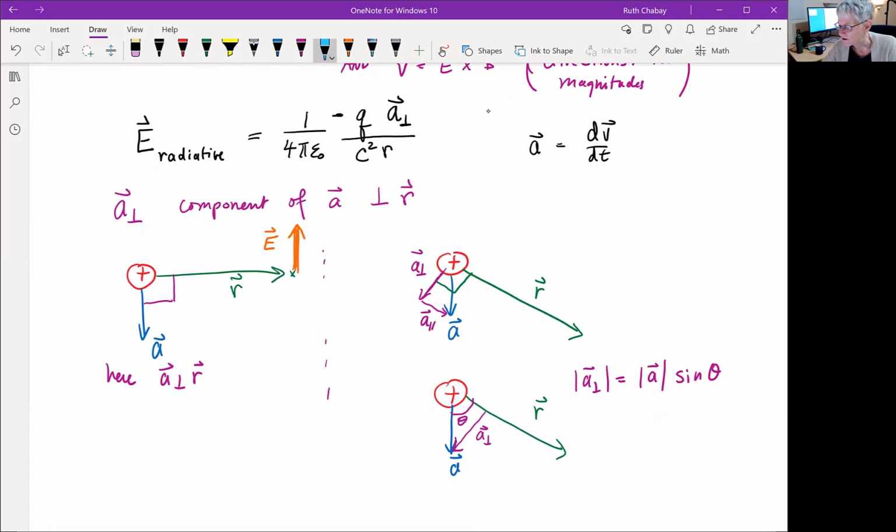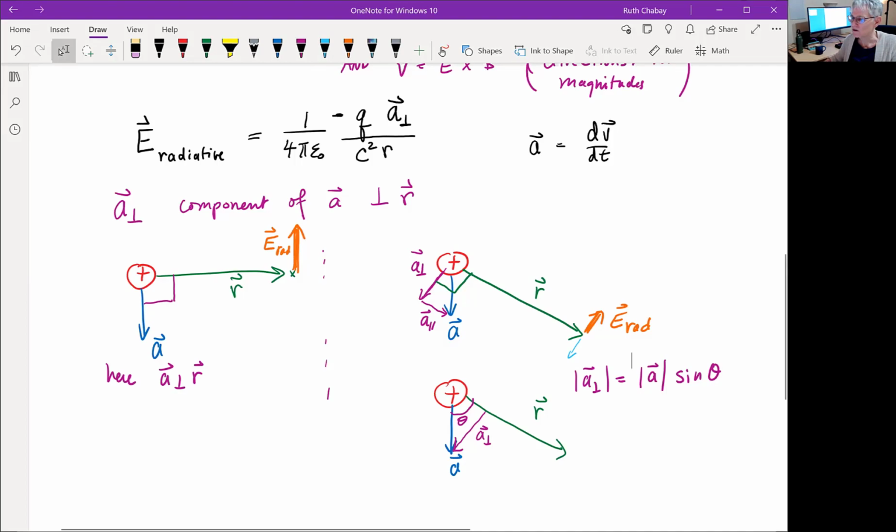At this observation location, A perpendicular is that way, and it was a positive charge, so therefore the radiative electric field at the observation location when the pulse passes us is going to be in that direction.